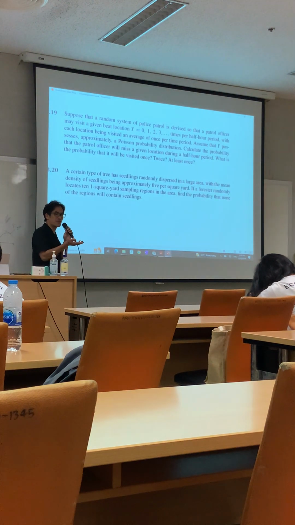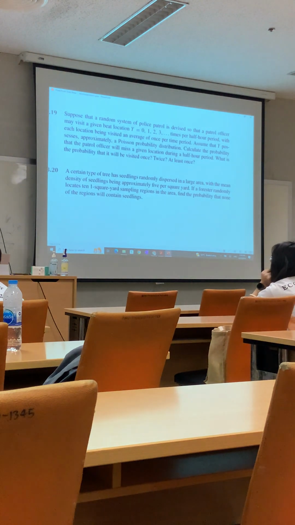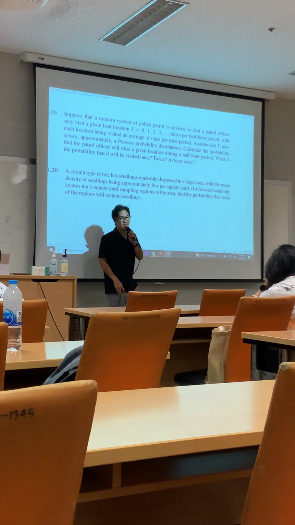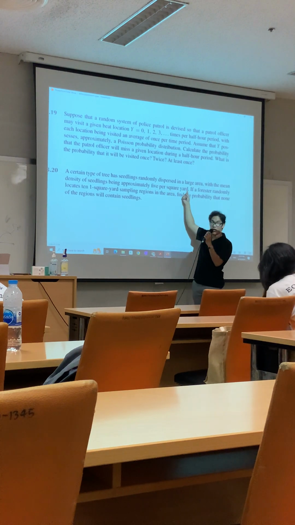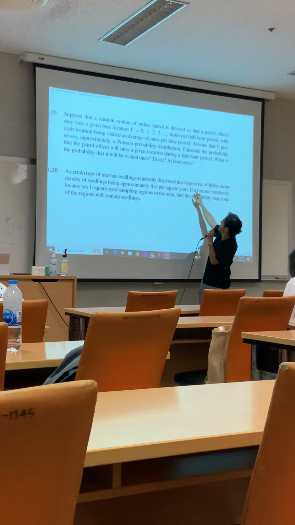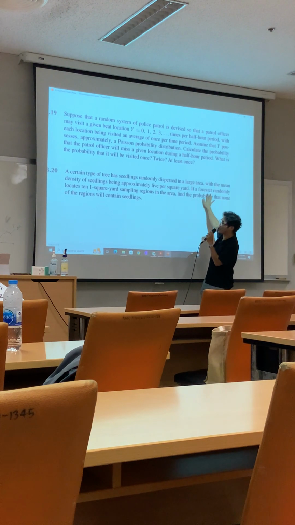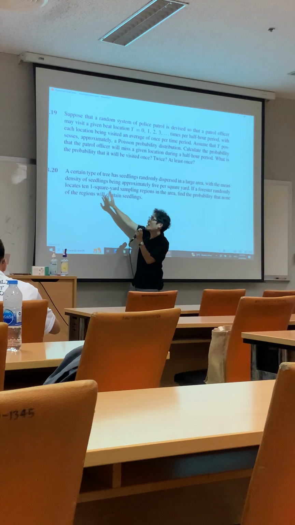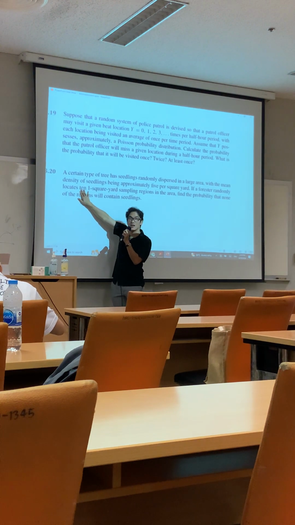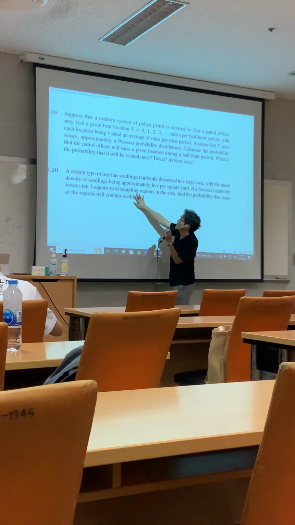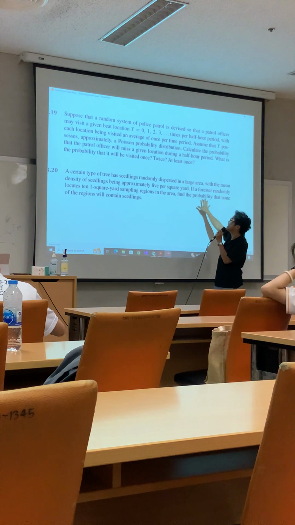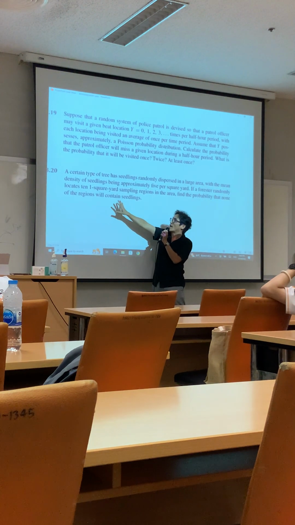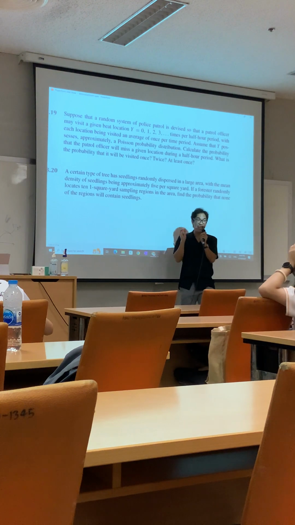How can you calculate this question? We know that lambda is 5, but it's 5 per 1 square yard. The question wants us to calculate, if we have 10 one-square-yard sampling regions, the probability that none of the 10 one-square-yard regions have any seedling at all.